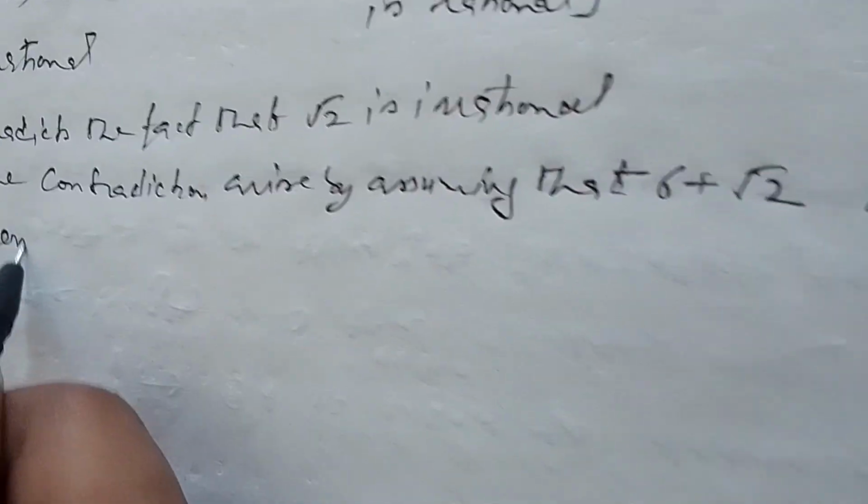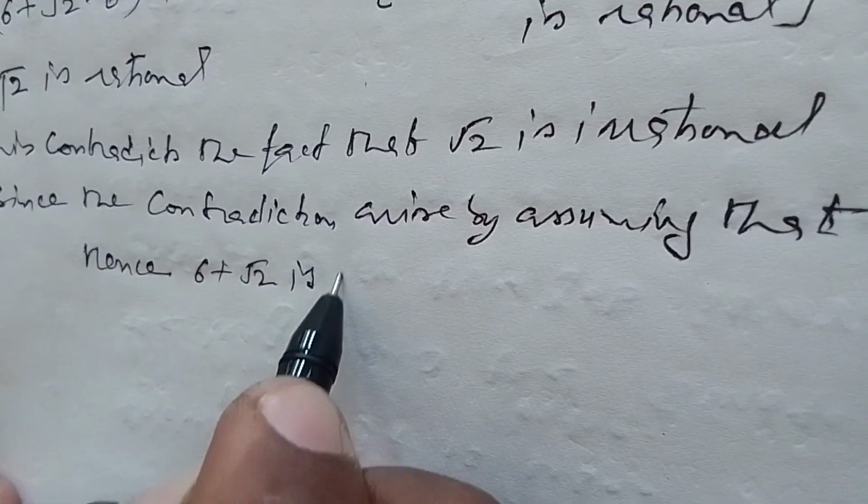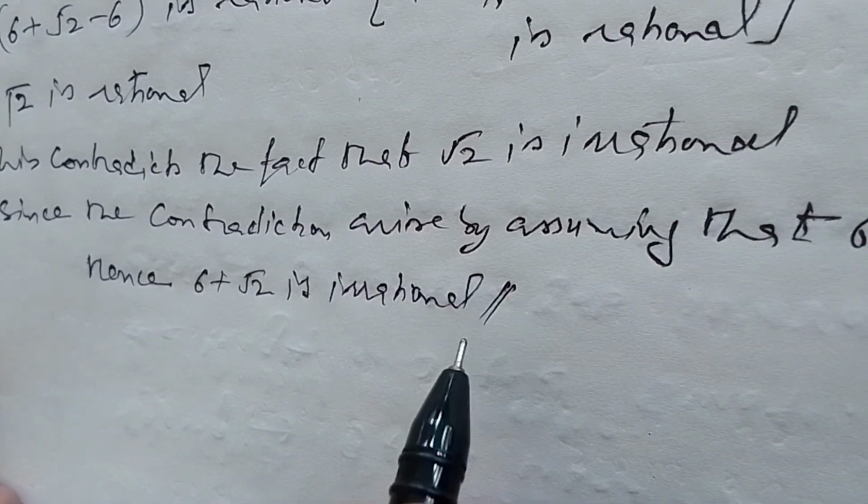Hence 6 plus root 2 is irrational. So this is the end of the exercise 1.2.